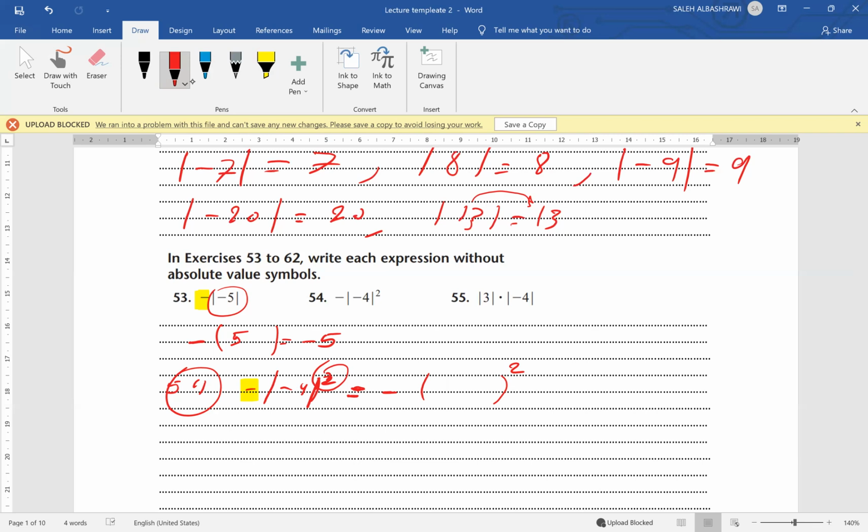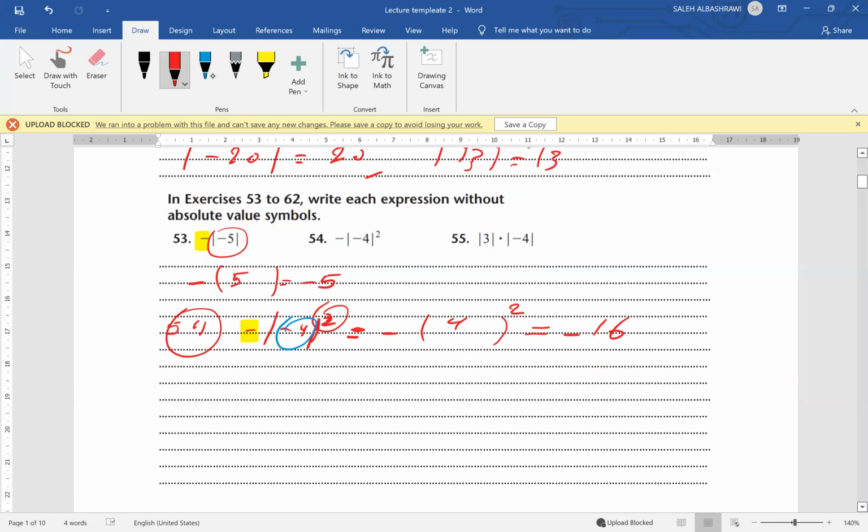Now the absolute value of minus 4, what is inside, is equal to 4. So this means 4 to the power 2, and I write the negative as it is. 4 to the power 2 equals 16, so the answer is minus 16.